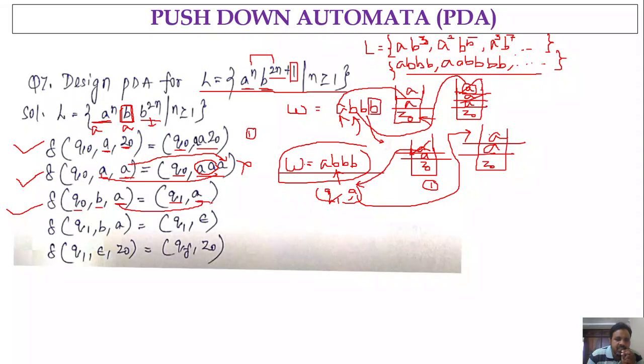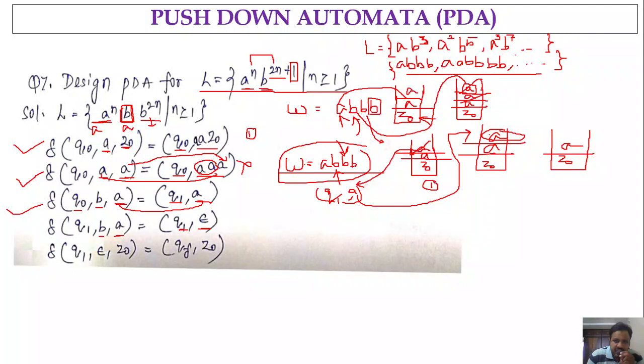The next one, if the input is b and the top of the stack is a, then we go to the state q1 and we push nothing onto the stack. So we are simply performing the pop operation. That means we are not pushing anything. Now the stack content will be z naught followed by a.